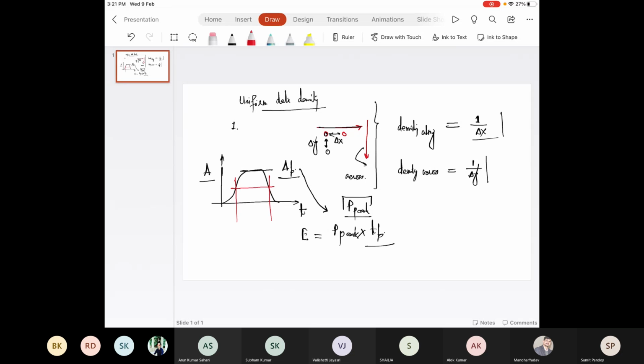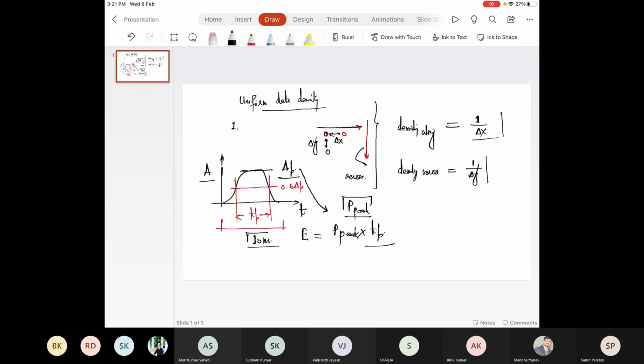So this line is 0.5 AP, and this is pulse width TP. What is a typical value for TP in case of laser scanning? 10 nanoseconds. Correct. It should be in the order of 10 nanoseconds or less than that.